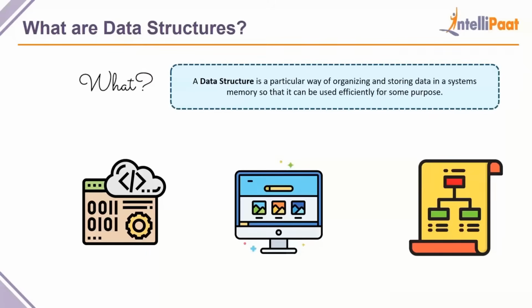So as you can see, when we're trying to store some information about a particular person or any kind of information, if we store it in a particular way, then it becomes easier for us to perform particular operations. And data structures make use of exactly that concept of thinking.